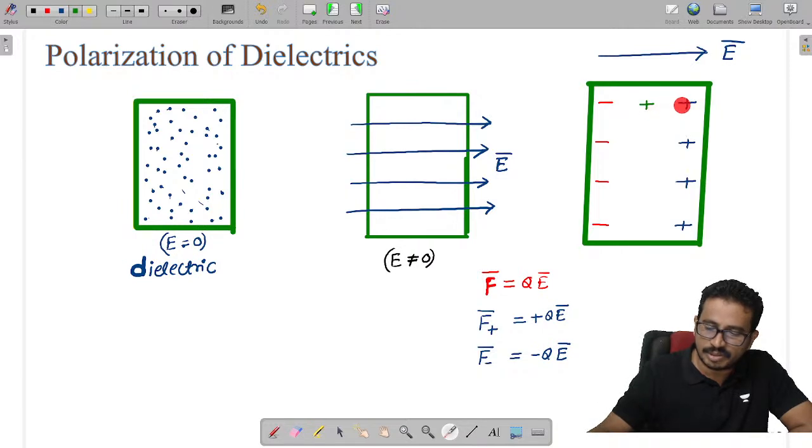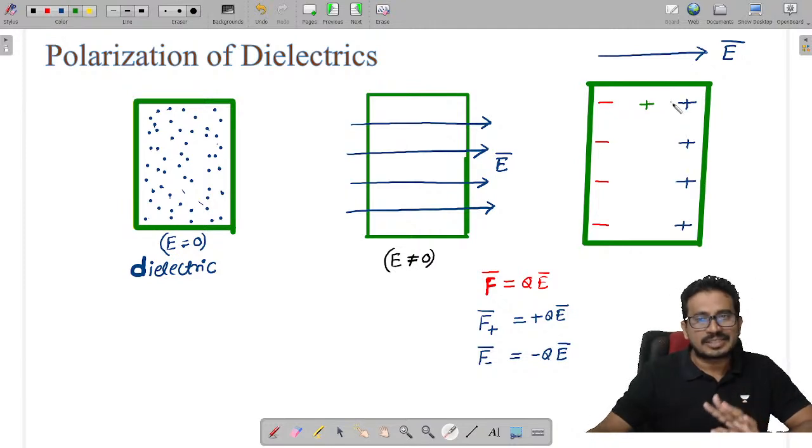And what is the force between these two, tell me? It is a repulsive force. This positive charge will repel this positive charge.